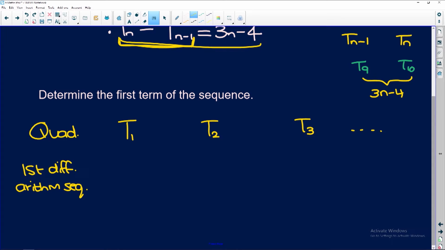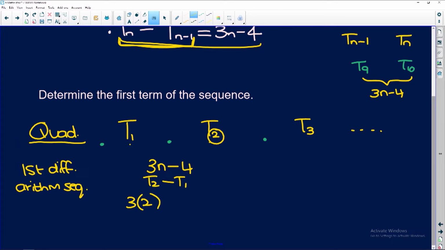The first difference of a quadratic are always an arithmetic sequence. In this instance, they are given to us by that equation, 3n minus 4, okay? But what you need to remember is that those differences start over here, and then they carry on between the terms. So the difference between term 2 and term 1 is going to be given by that arithmetic sequence starting at term 2.